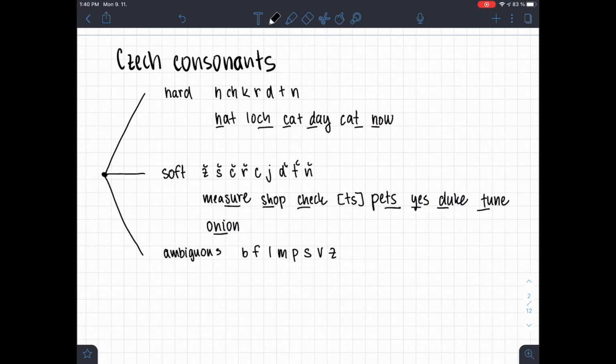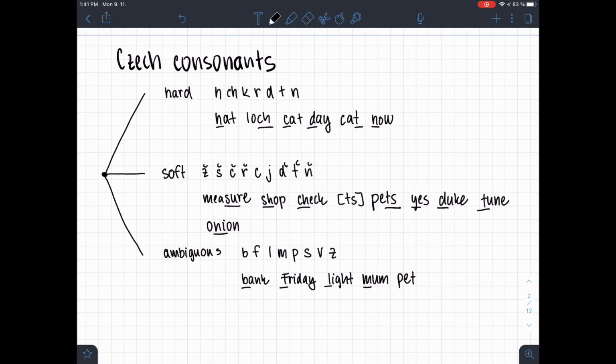B you can find in a word bank, bank. F like Friday, Friday. L in a word light, light. M like mum, mum. P again almost in a word pet, similarly to k and t.